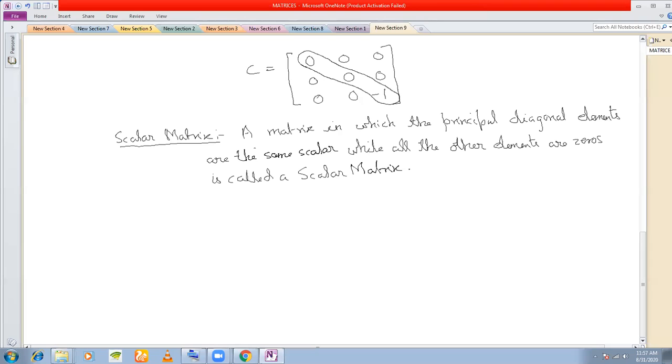I'll give you an example. Let's consider the matrix A. This is a scalar matrix because if you see, the principal diagonal elements here are all the same scalar, that is 5.